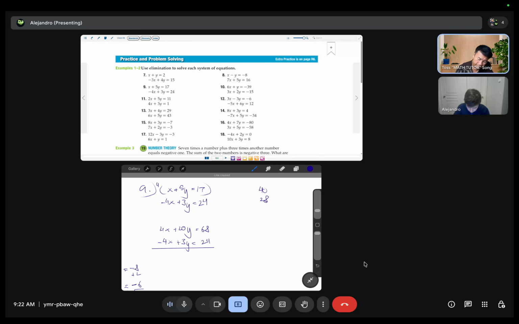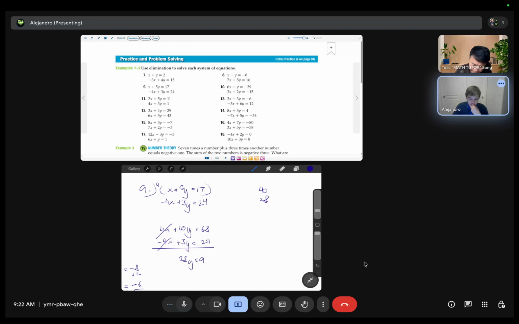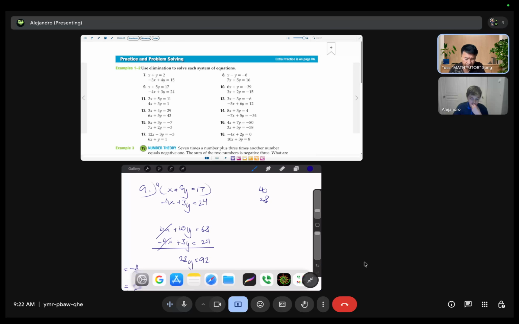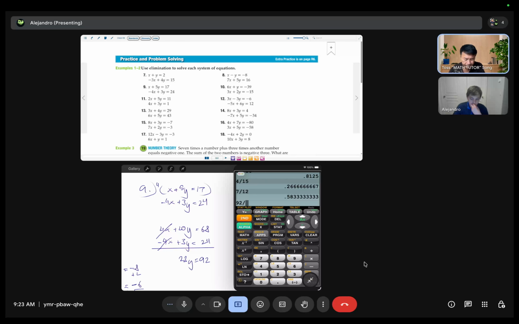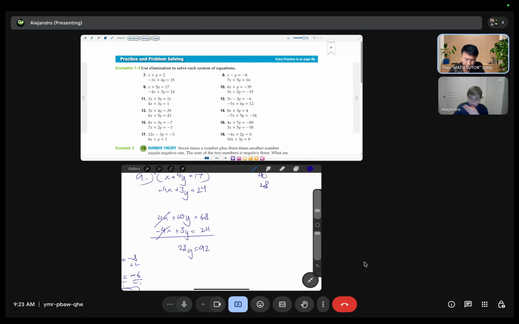With the bar like this or not, it doesn't matter. 23y equals, what is that? 92. Okay, 92 divided by 23, 4 times. So y equals 4.